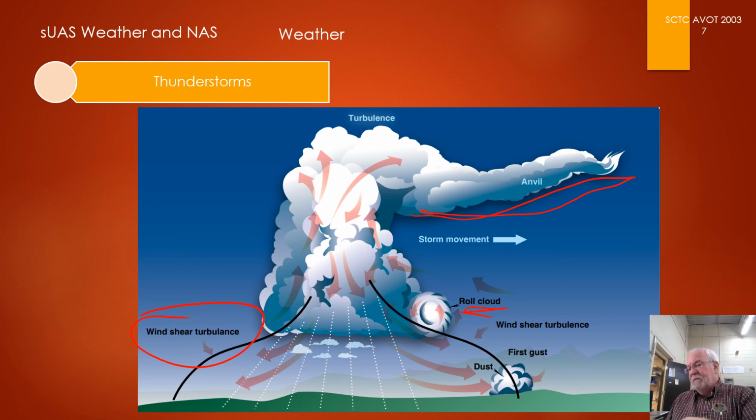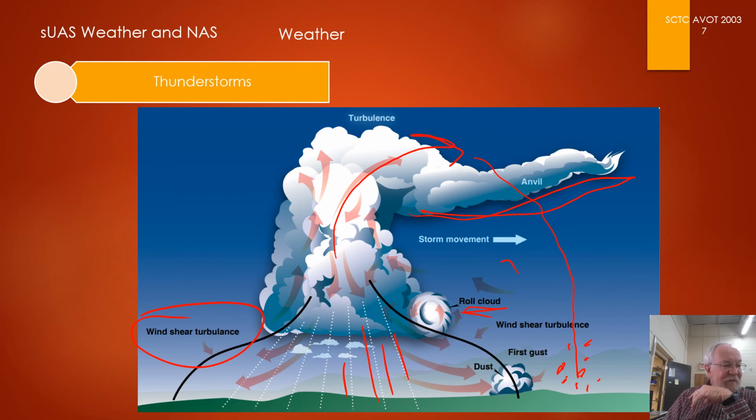No, I don't think I have the graphic, but often these air currents blowing up here will end up with hail falling way down here, big hail balls falling from the sky, causing damage. So you're out here quite a ways away from the thunderstorm. You say, okay, I'm going to keep flying for a while longer, and next thing you know you see the hail falling. So you may have experienced that. Often the hail will come down through the thunderstorm, but sometimes it happens outside the thunderstorm. But turbulence is the main point of this slide.